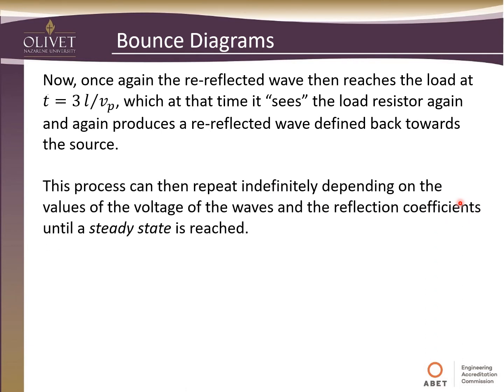So this process, as you can imagine, it's not hard to visualize, will repeat indefinitely, depending on the values of the voltage of the waves and the reflection coefficients. This will keep going back and forth until we reach the steady state condition. The steady state condition is where we are used to arriving on the scene in the lumped circuit analysis we learned back in circuits class, sophomore or junior year.